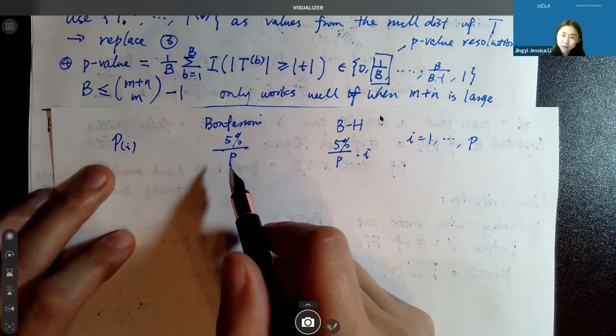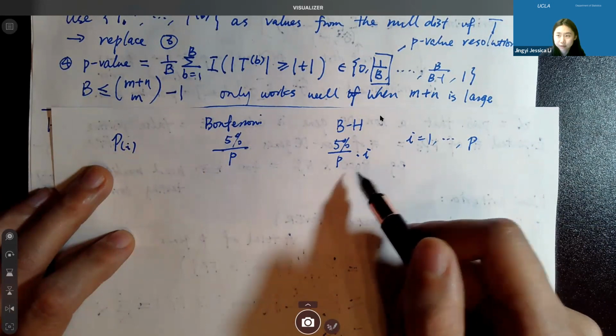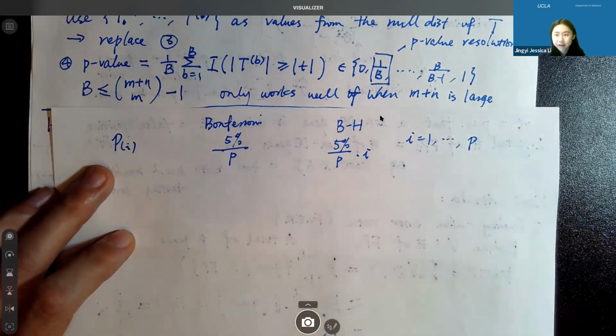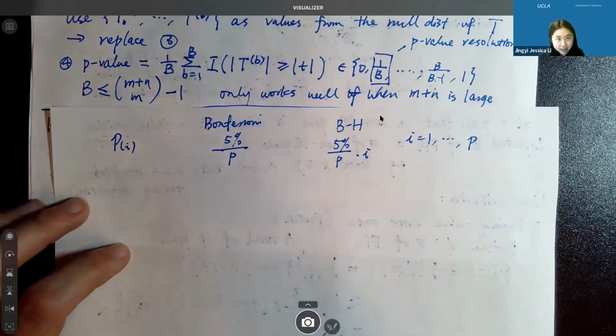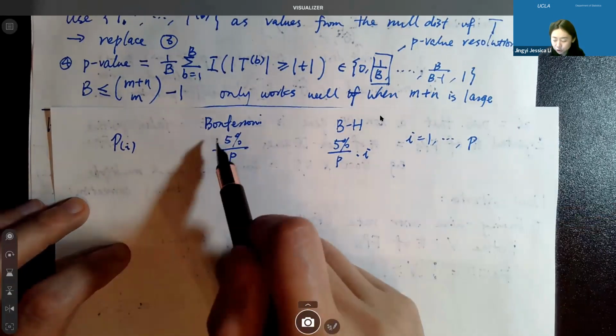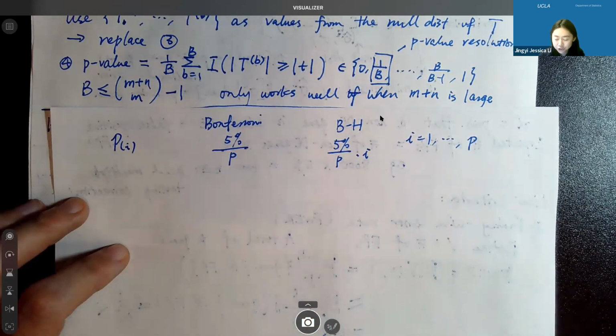So that's why you will have more rejections under the BH procedure. Even though we start with the same p-values, using the two procedures we will have different numbers of rejections. And the fundamental reason is that we use different criteria.